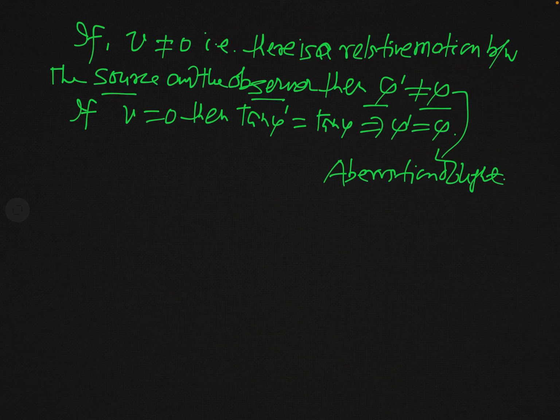Now in the second lecture, we will actually consider that instead of light coming from a star, we will consider that light signal is emitted from a source at the origin of a moving frame, and that will be observed actually by the two observers.